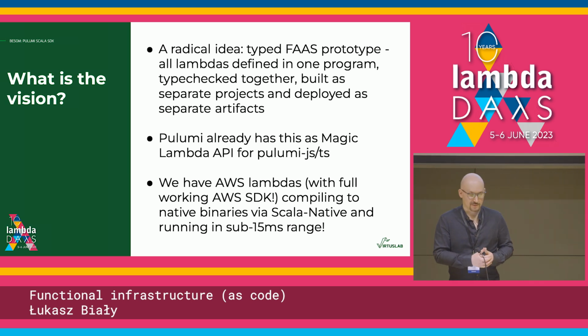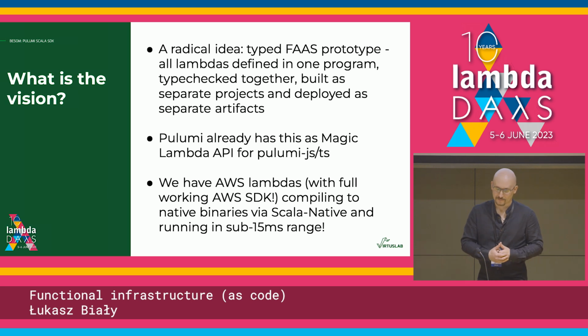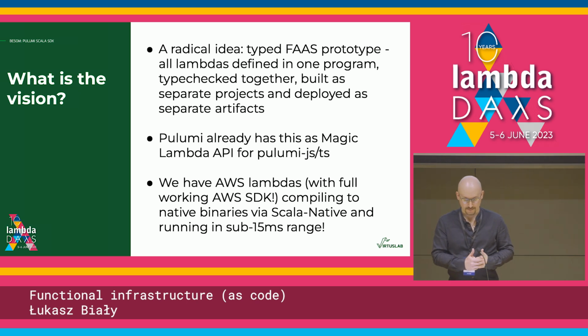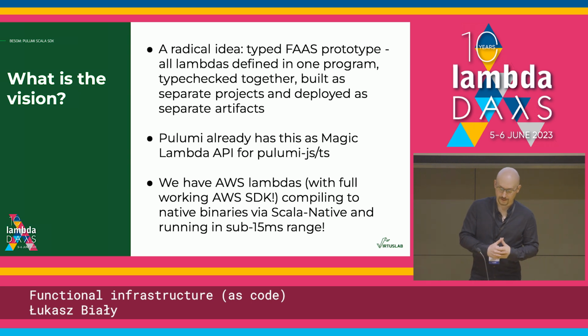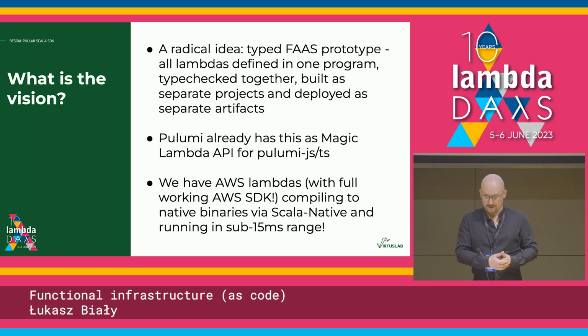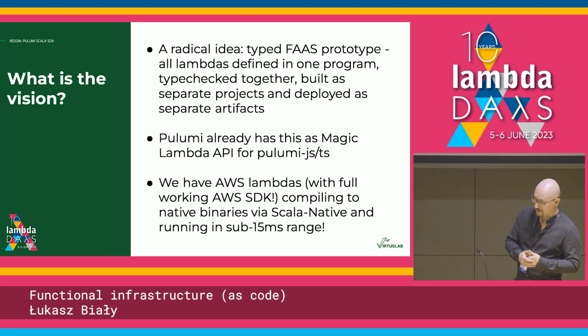So yeah, we have metaprogramming. We are doing that a better way, and we already have an SDK for AWS, a complete SDK working with Scala Native. At another conference, one of the compiler team friends of mine, Wojtek, presented lambdas running on AWS with full support for the AWS SDK, compiled to native binaries via Scala Native, and running in the sub 15 millisecond range.